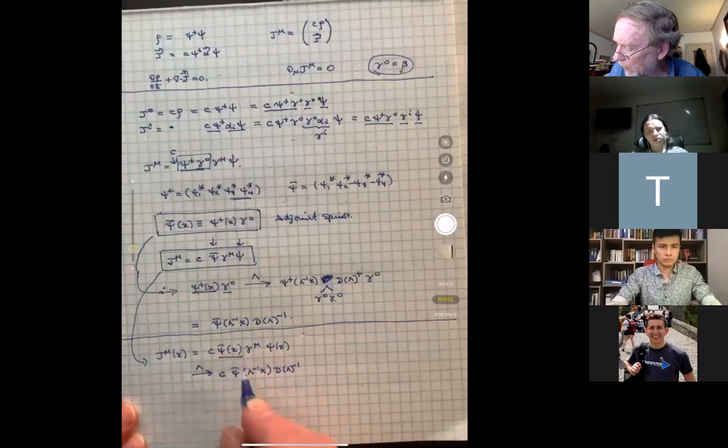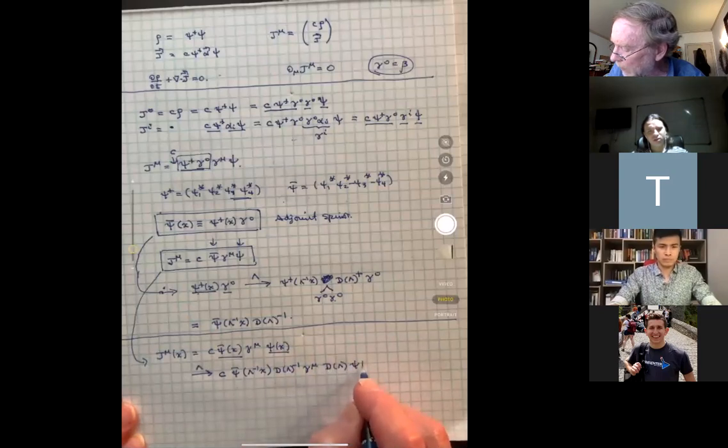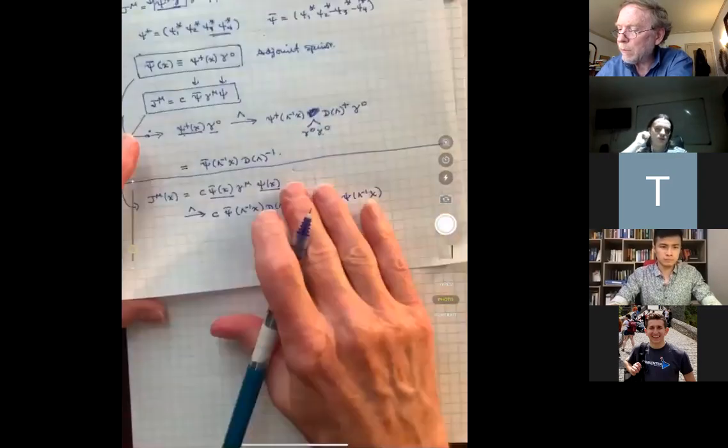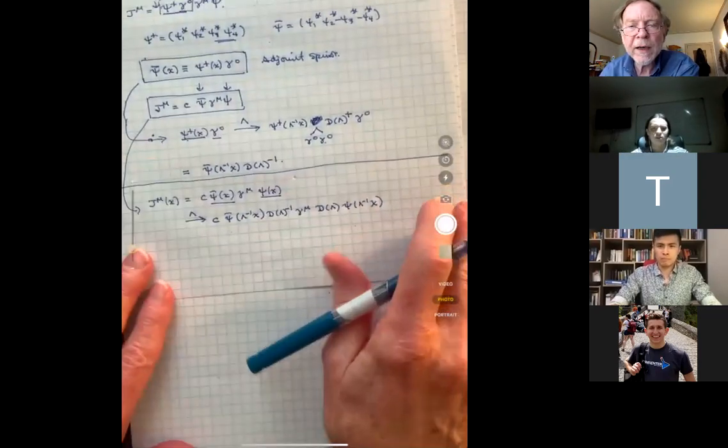That takes care of that. The gamma mu I copy. And then for the psi on the right-hand side, that goes into d of lambda times psi evaluated at lambda inverse X. All right. Let me move the page up some.